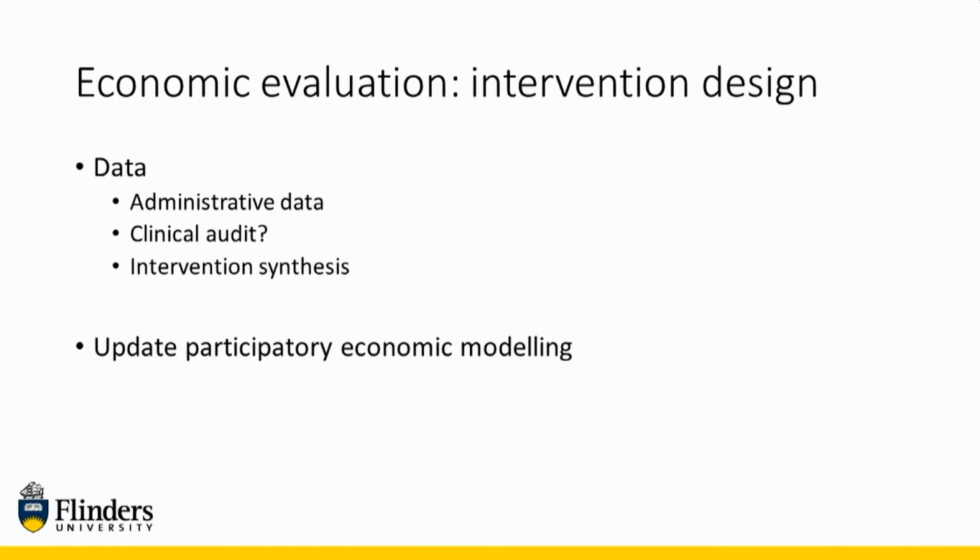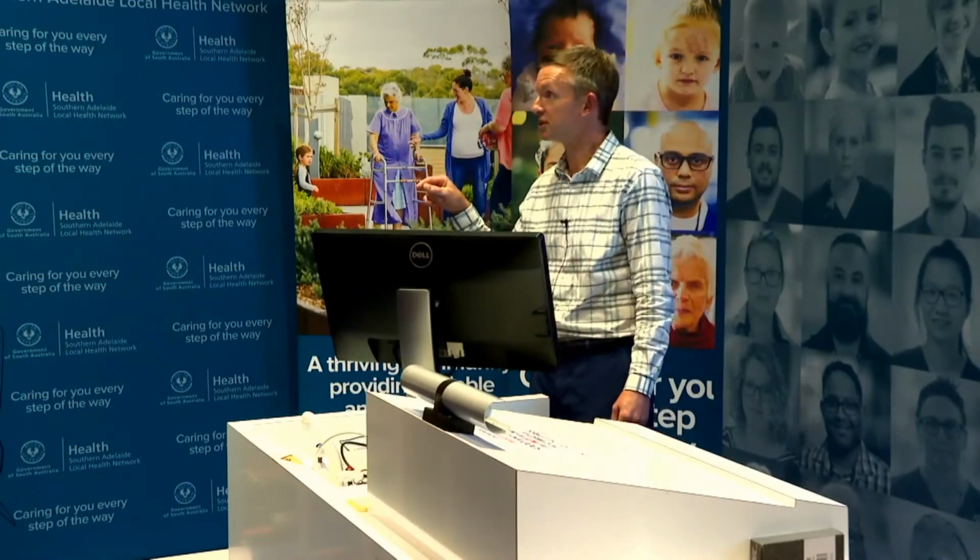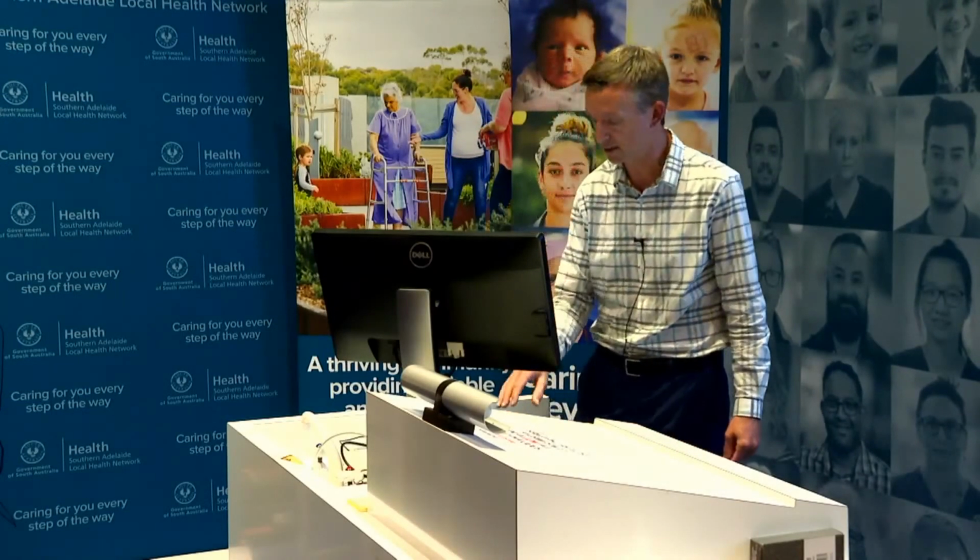And so here we can undertake what's called an intervention synthesis, which I'll briefly introduce in a minute, and update our economic modelling and keep going through this iterative process until we get to a point where we think, right, we're ready to make that yes-but decision rather than a not-yet decision.